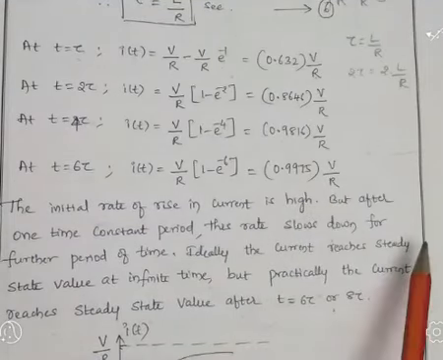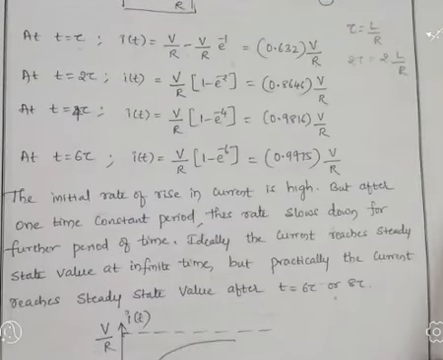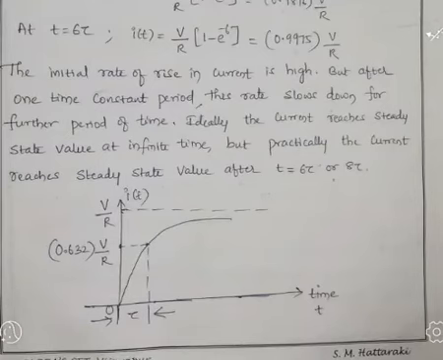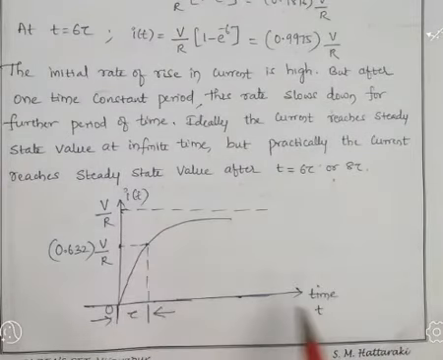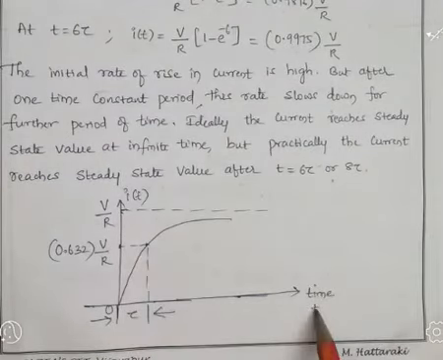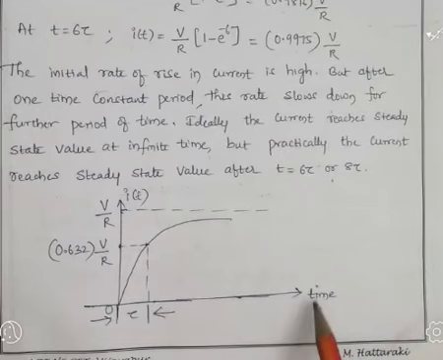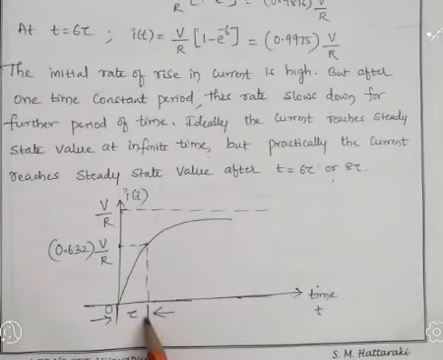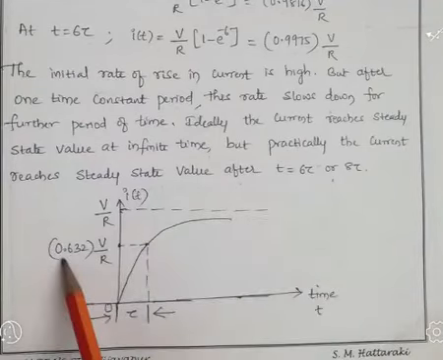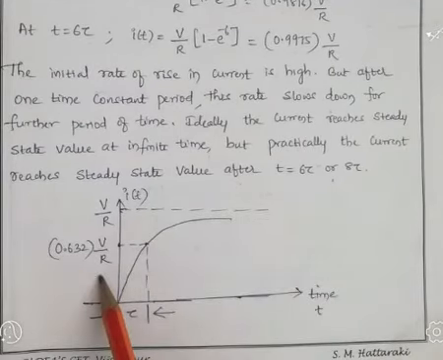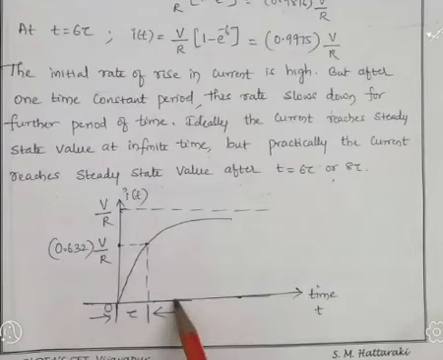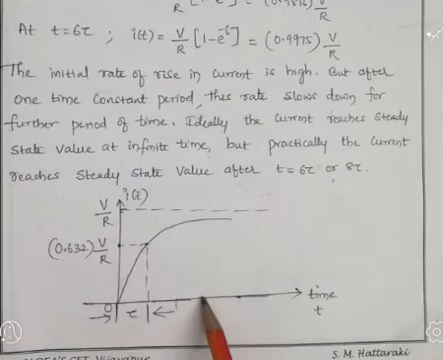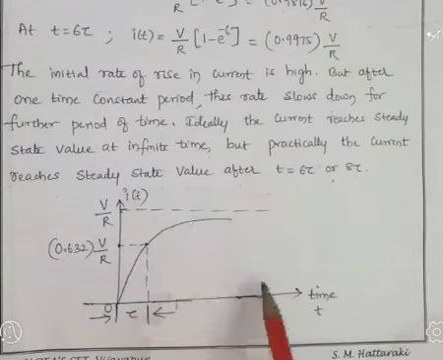All these calculations we are going to represent on a graph. That is, a graph of current across time. The horizontal axis represents time and the vertical axis represents current. Now, for the first time constant, the current reaches 0.632 of V by R. As the value of tau increases, 2 tau, 3 tau, 4 tau, 6 tau.